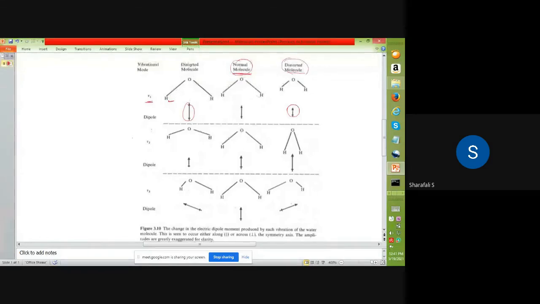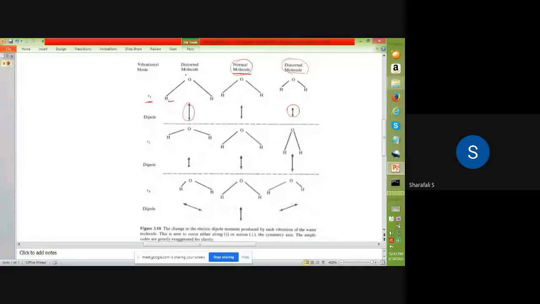So if you are considering this particular water molecule, then the dipole moment, if you want to calculate it, will be associated with the charge associated with this molecule and the distance separation between those charges.